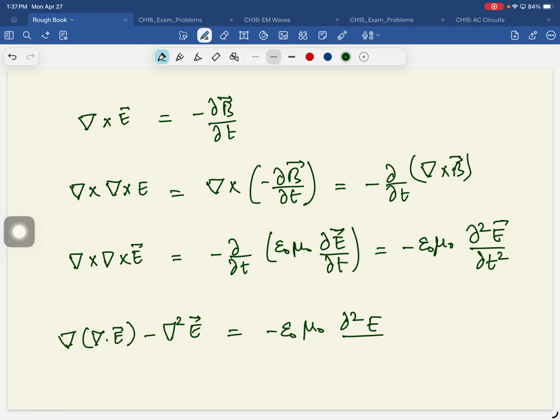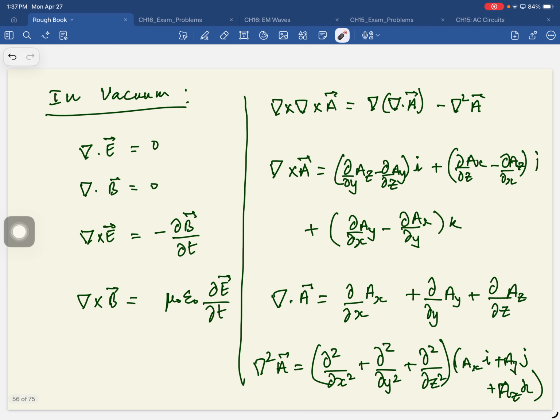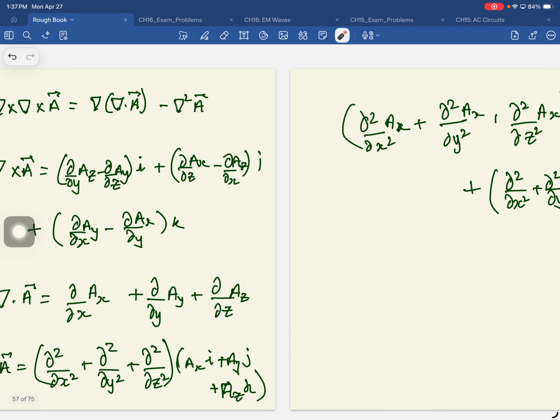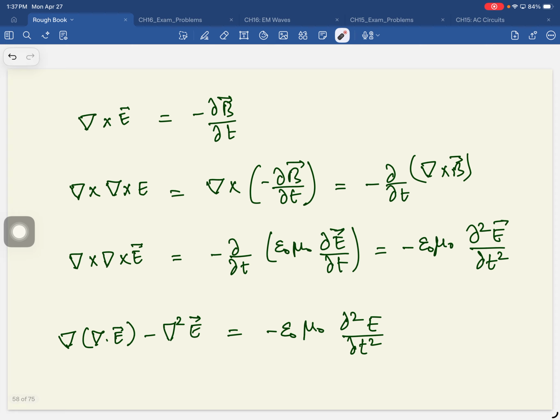So Maxwell's equations in vacuum predict that if there exist electric and magnetic waves, they are traveling waves. That's what these equations predict. Now, we derived this equation for electric fields. You can do the same thing and derive exactly the same equation for the magnetic field.